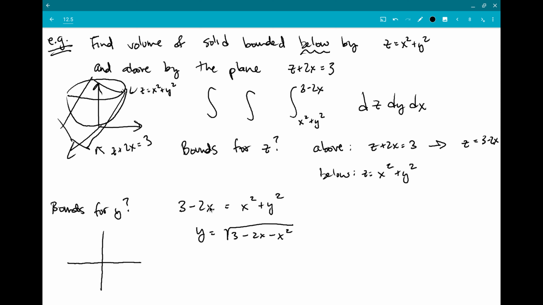And the minus 2x means that my circle is offset like this. So the center of the circle is like over here. So the projection of this plane cutting into this bowl pushed down into the xy plane looks something like this. We can go back and figure out those actual numbers later.